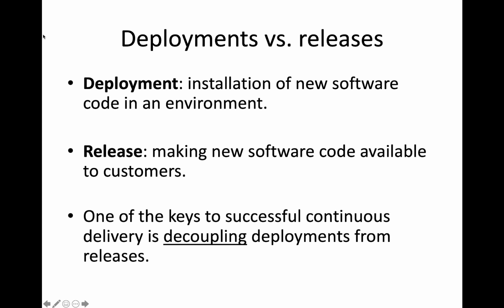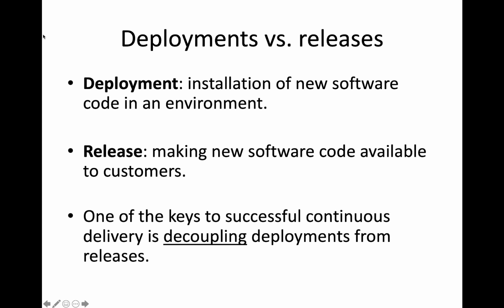And you might be thinking to yourself, well, if I'm installing that software code into the production environment, isn't that just making the software code now available to my customers? And in many cases, that's true. In many traditional organizations, when you deploy software, it's essentially the same as releasing it, because customers are going to see and experience those changes immediately.